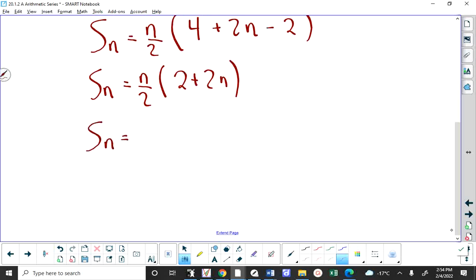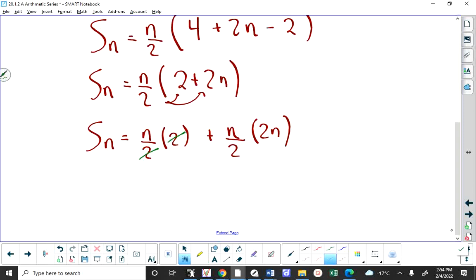I can multiply this n over 2 in and get n over 2 times 2 plus n over 2 times 2n. And we get some canceling action happening. The answer to the question is Sn equals n plus n squared.